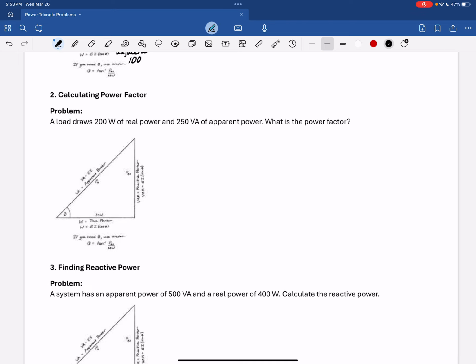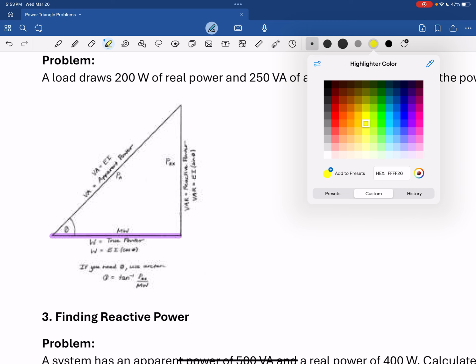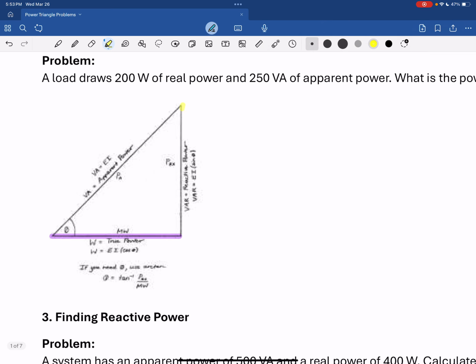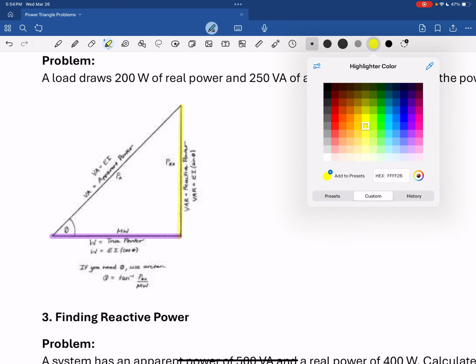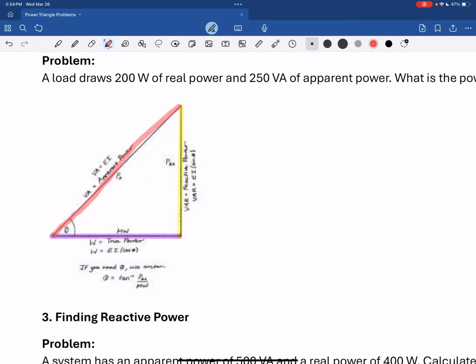So in this particular situation, let's highlight just for practice, real power, and I can't remember, it's yellow on here, reactive power, and then the third component is apparent power, which is your hypotenuse. Your theta is right here, the 90 is right there.